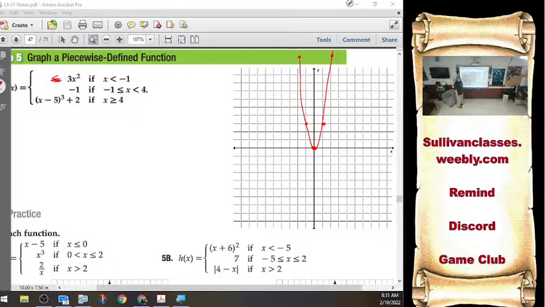Okay. So that is what the graph looks like, but I only care about it from here to here. When x is less than -1. So I'll erase almost everything. I'll go to where x is -1, and I'll get rid of this stuff.